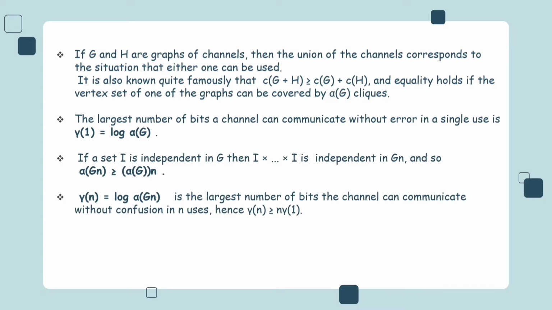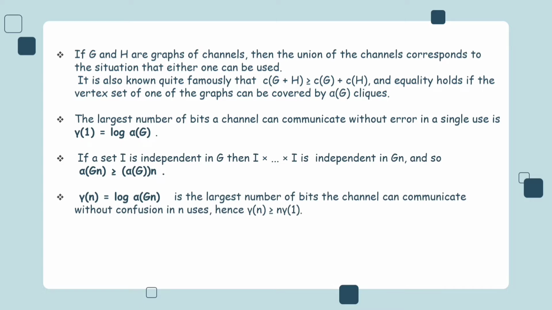If a set I is independent in G, then I cross I cross up to I is independent in G^n, and so alpha of G^n is greater than or equal to alpha(G) raised to the power n. Gamma(n) equals log of alpha(G^n), the largest number of bits the channel can communicate without confusion in n uses.